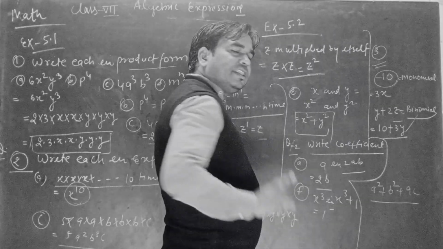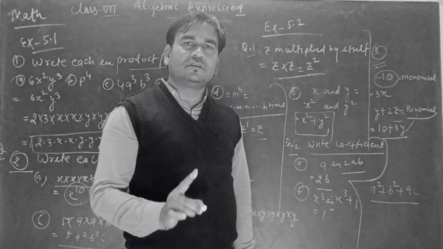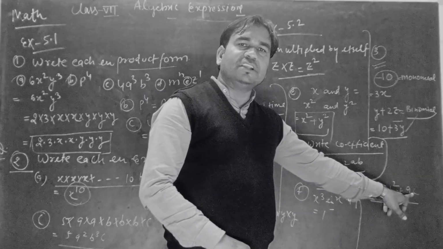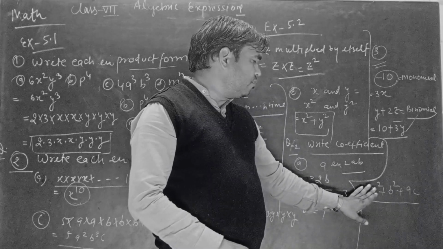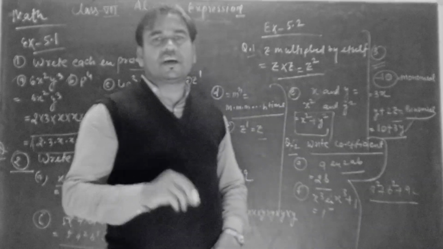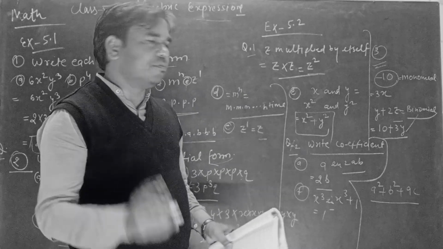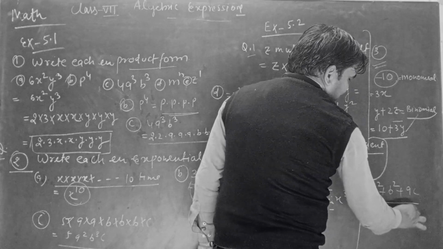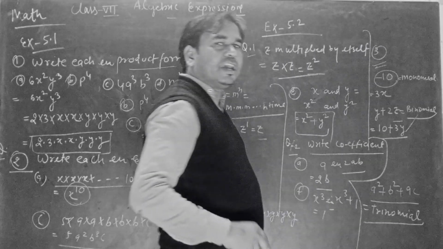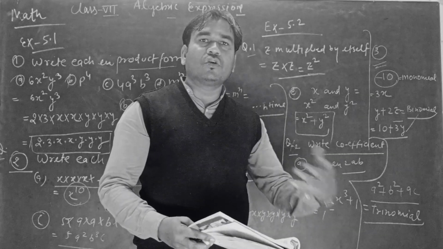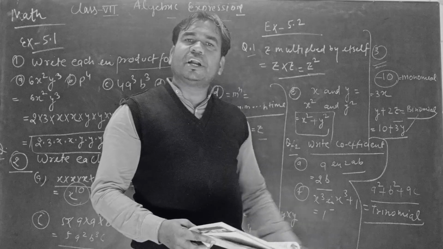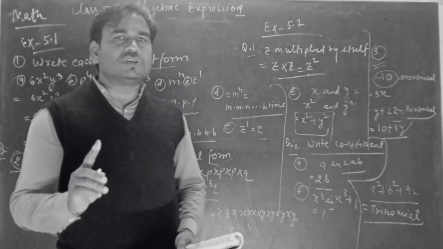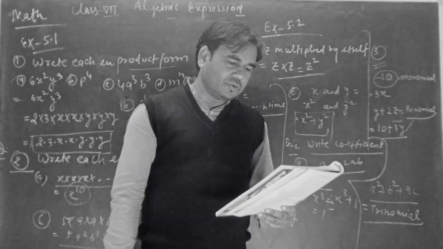It means three terms are given: a square, b square and 9c. That is term 1, term 2 and term 3. Three terms are given, so that is called a trinomial. In the same way, if the number of terms is more than 3, that is called a polynomial or multinomial. So this is question number 3 of exercise 5.2.